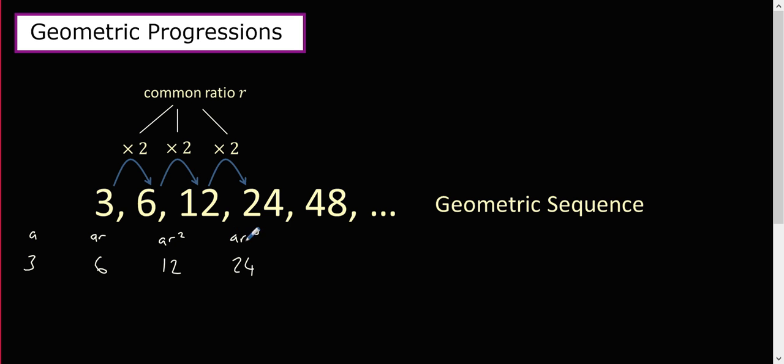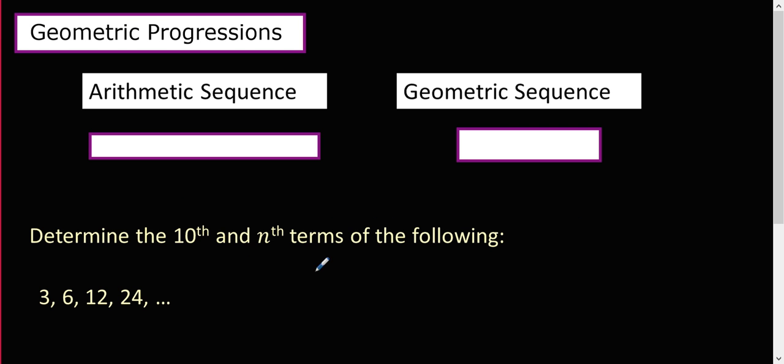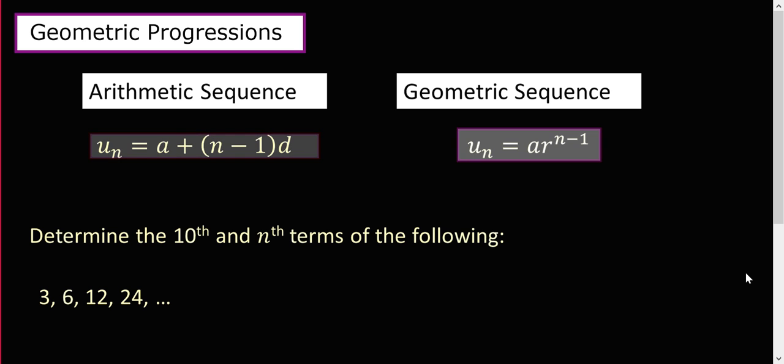We've got 3 multiplied by 2 cubed, which is 3 times 8, which is 24. So you can always see that the power is always 1 less than the term. All right, so ar to the n minus 1 is our general formula for the nth term of this geometric sequence. So the problems that we're going to solve are essentially the same.